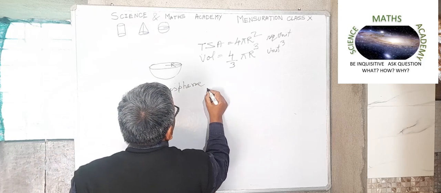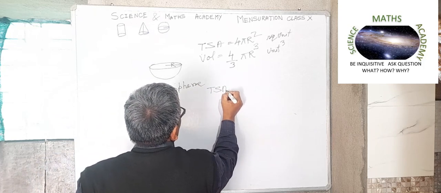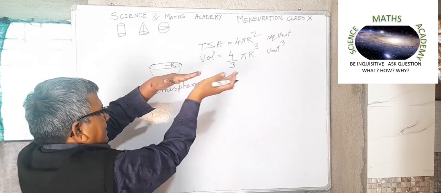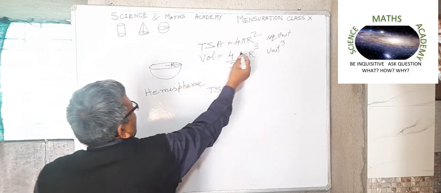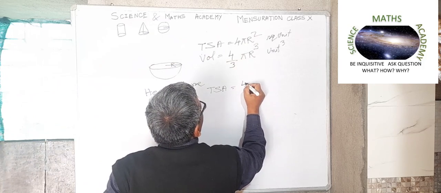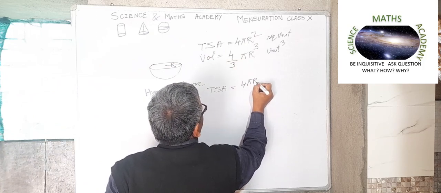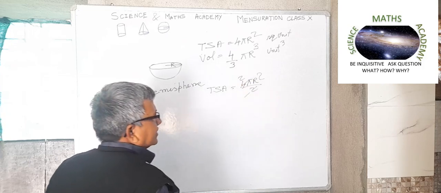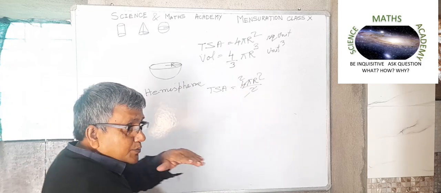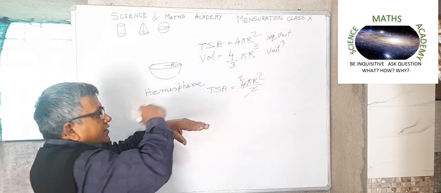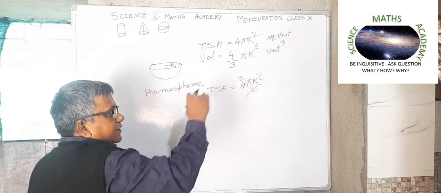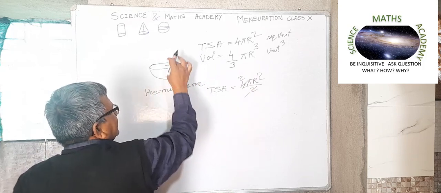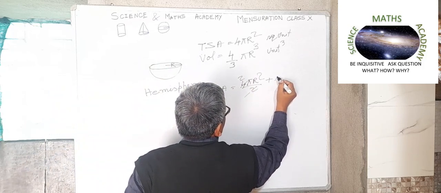Sir, what will be the total surface area? Now come, this curved surface is half of the sphere's, 4 pi r square by 2, that is 2 pi r square. And because you have cut through the center, through the diameter, you get this flat surface again. This is a circle, so pi r square.